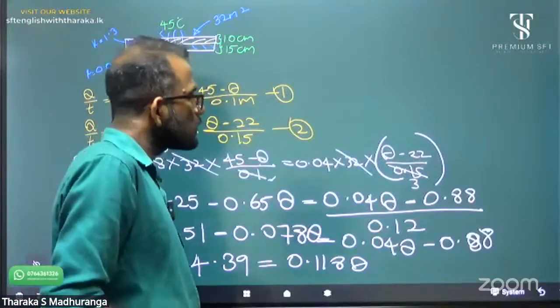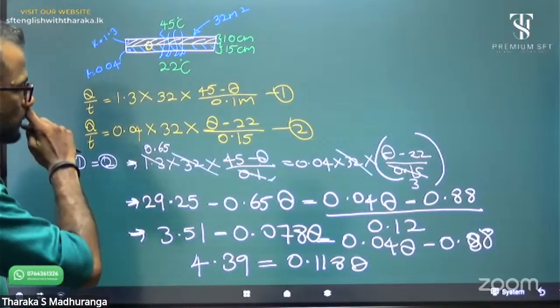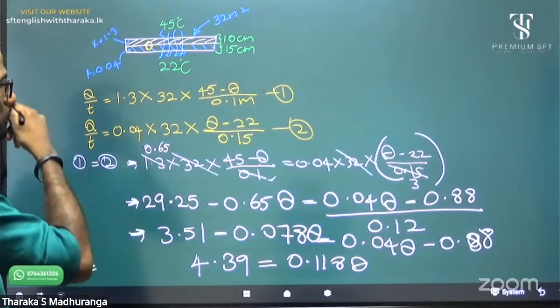But it is a 37 point value. Check again. Yeah, let me check, 1.3.